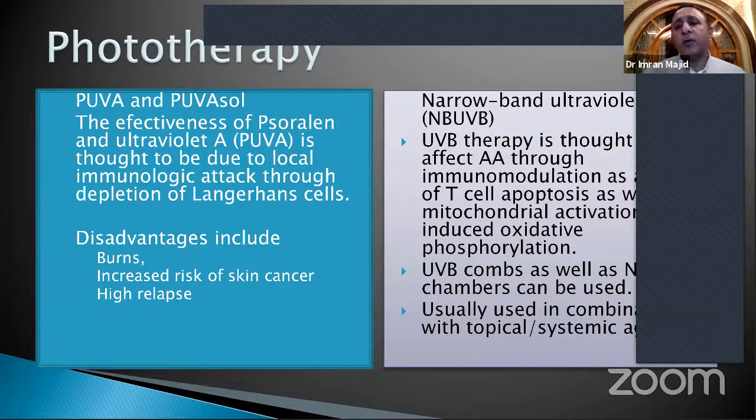You can use narrowband ultraviolet B therapy in alopecia areata, and again it acts through immunomodulation by causing T cell apoptosis, as it does with vitiligo and other immune-mediated diseases. You can use UVB combs if you have scalp involvement, and they can be used at home. You can even use narrowband UVB chambers, and it is usually used in combination with any topical or systemic agent.